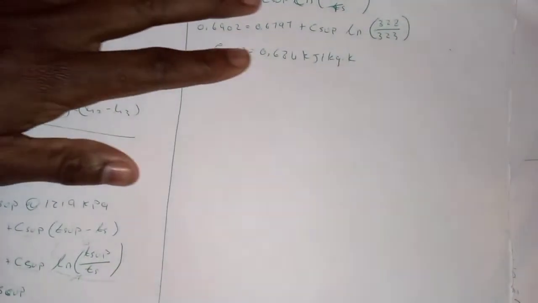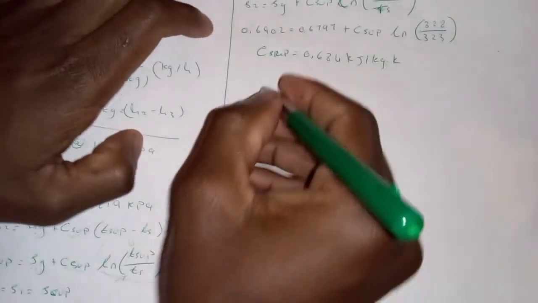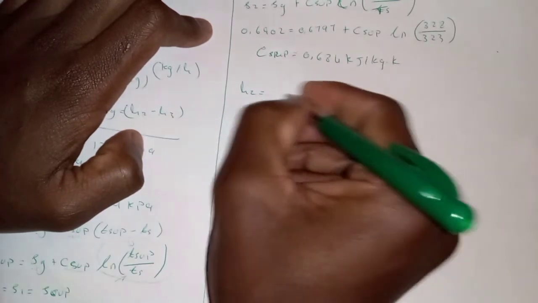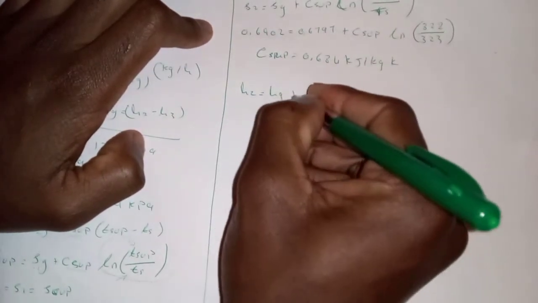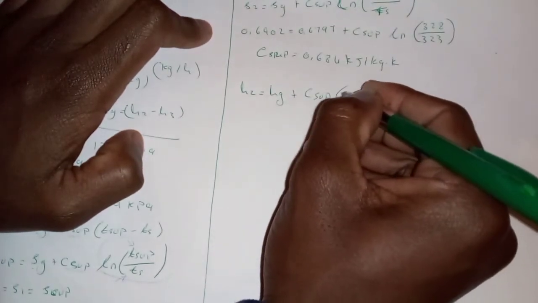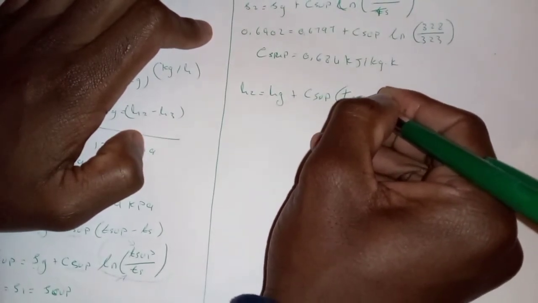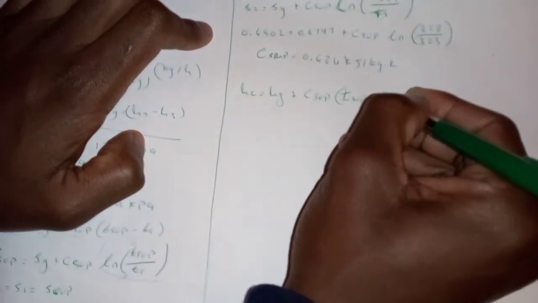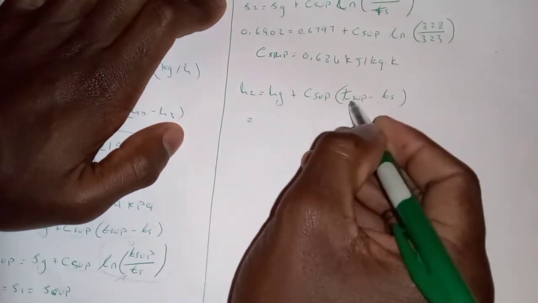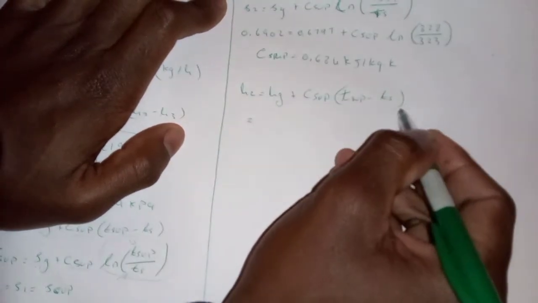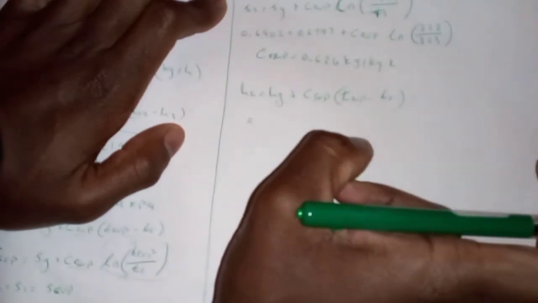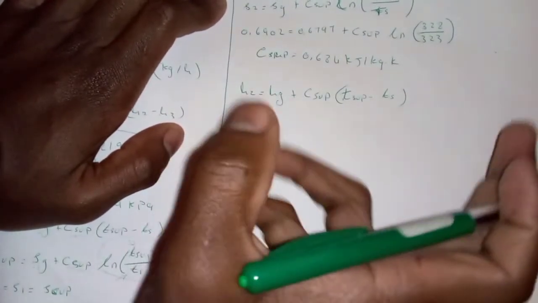And then from here we can go back to our equation and say H2 is equals to Hg plus C sup in bracket T sup minus Ts. In this case, it doesn't matter whether you convert these to kelvins or leave them in degrees Celsius, because the difference will always be the same.